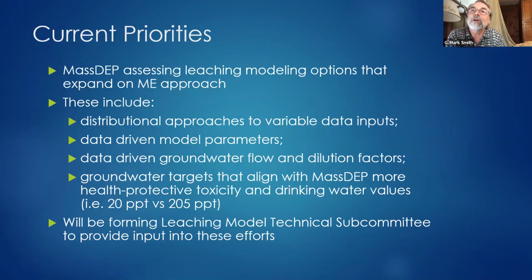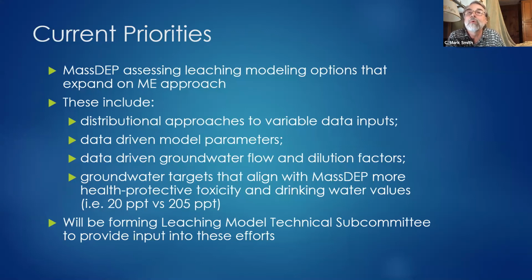All right, so what are our current priorities? We're in the process of assessing leaching modeling options that would expand upon the approach used by Maine. The expansion would include the use of distributional approaches to variable data inputs. There are a number of data inputs, which I'm not going to get into detail now, that need to be selected to go into the models, and there's variability in those data inputs. A way to address that variability is to use a distributional approach.